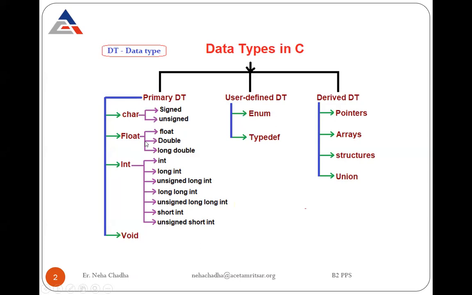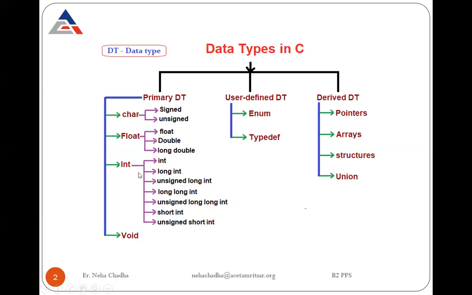Char means your character. Float means your decimal number. That will be divided into float, double, and long double. It will depend upon our requirement which data type we are going to use in our program.